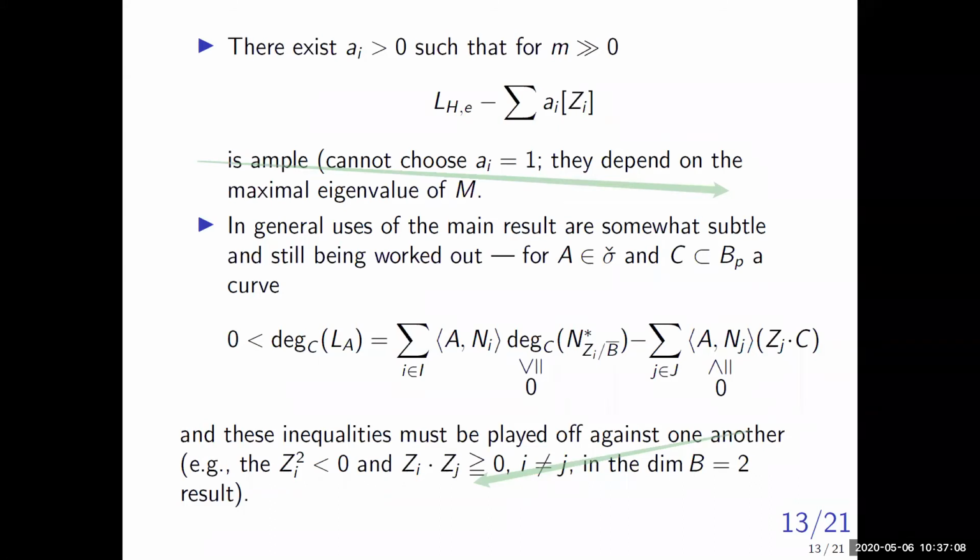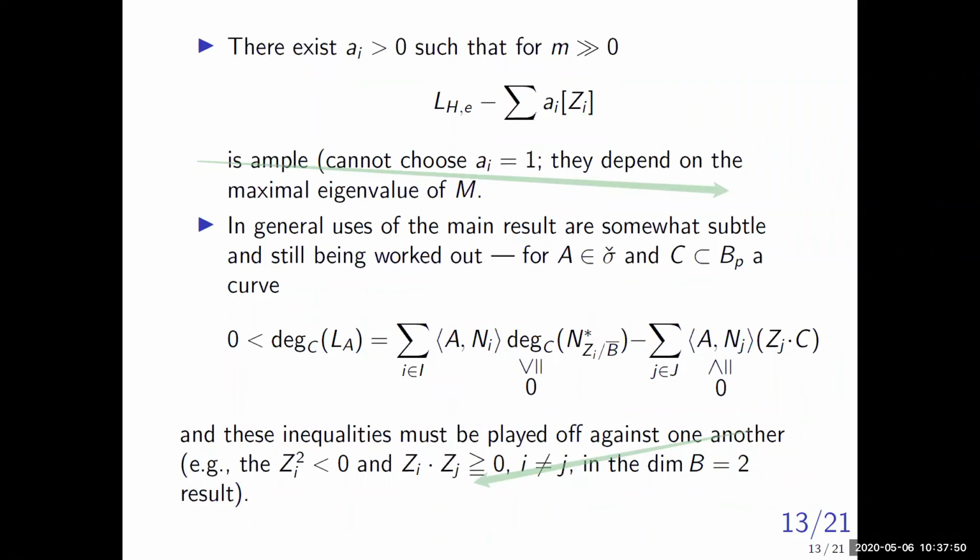Any such symmetric, negative definite matrix with non-negative off-diagonal entries has very special properties. And what these a_i are is, you prove that the maximum eigenvector of the matrix has strictly positive entries. That's what the a_i are. So geometrically, they come from the information in the intersection matrix of this divisor Z.